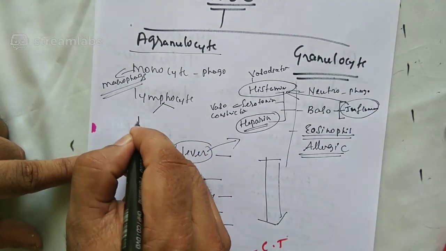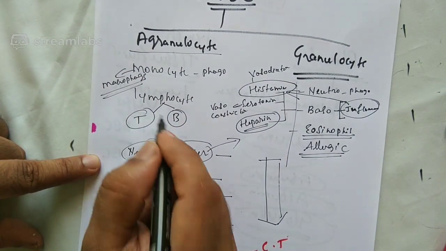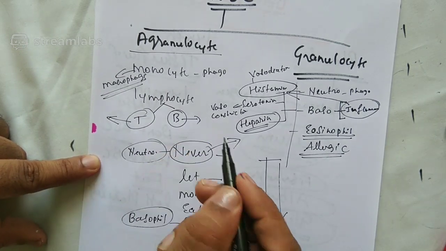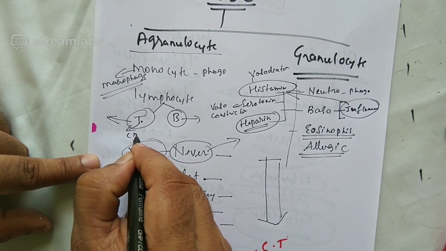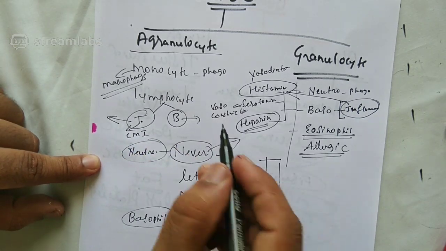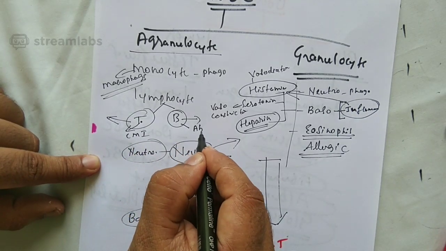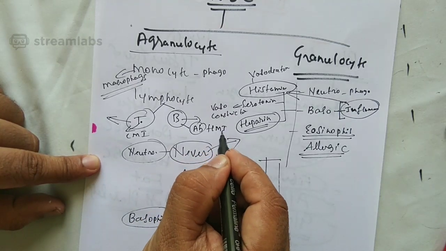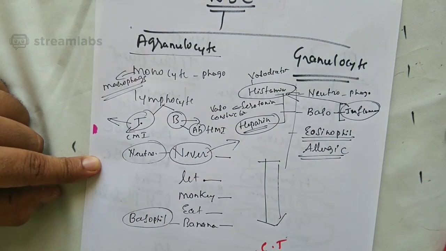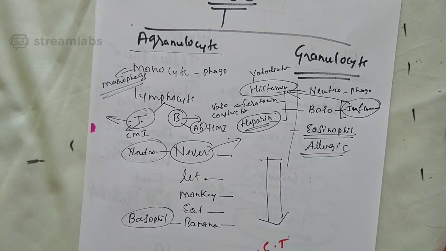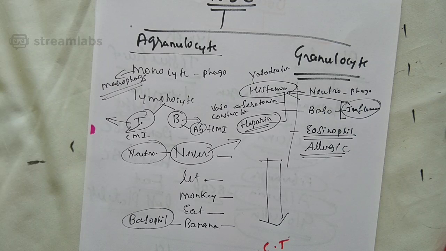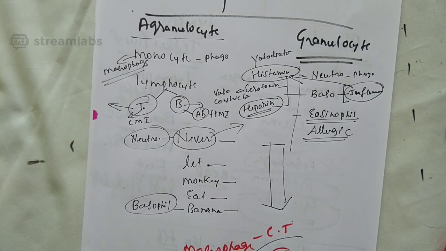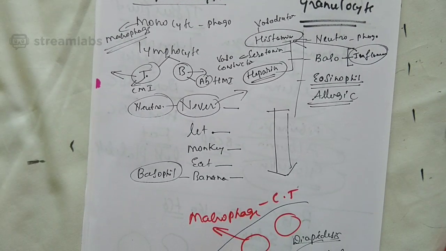Lymphocytes are two types, T and B lymphocytes, matured in thymus and matured in bone marrow, and T lymphocytes are responsible for CMI, cell-mediated immunity, and B lymphocytes will produce antibody responsible for HMI, antibody mediated immunity, also called humoral mediated immunity. Hope you understood regarding granulocytes and agranulocytes. Please go through once again. Everything was from the textbook only, few points were told extra.